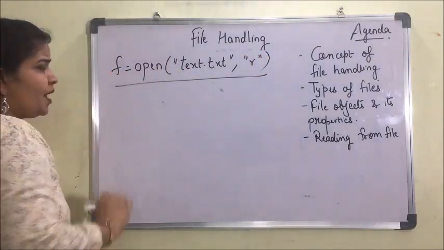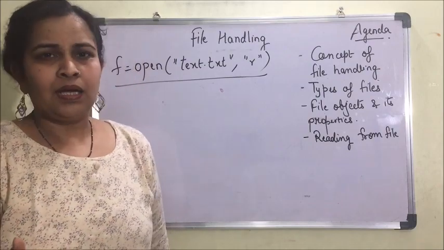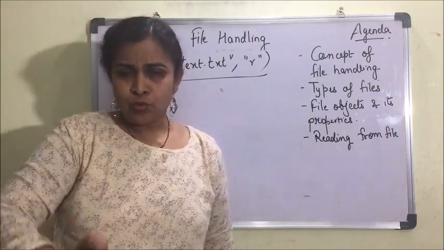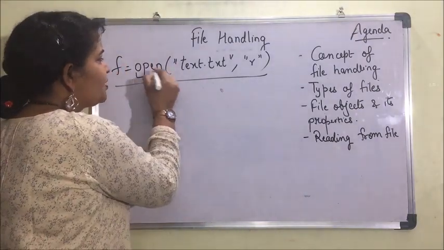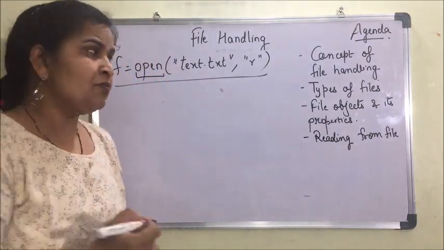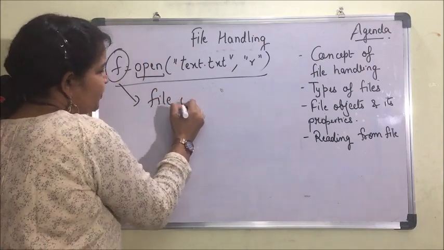So this is the command to open the file. If the file exists in the hard disk, then to access the data, obviously you have to open it. Open is a function which is used to open a file. This is the file object.